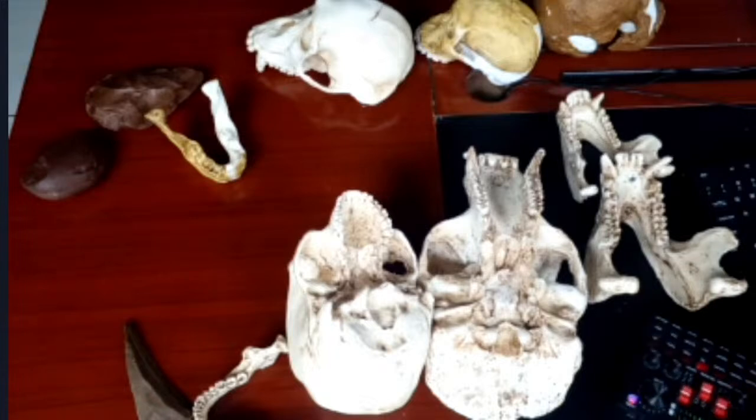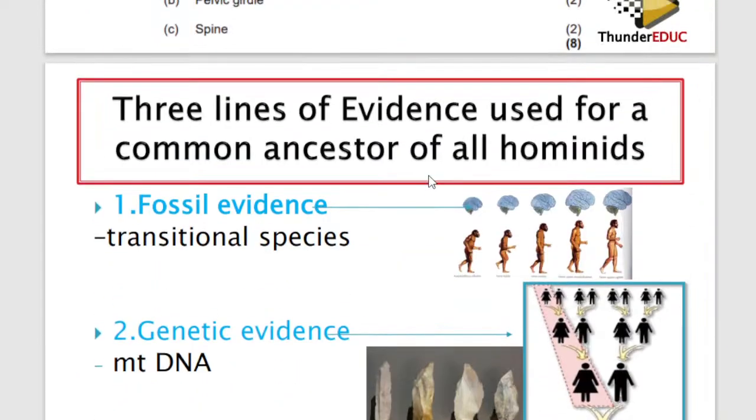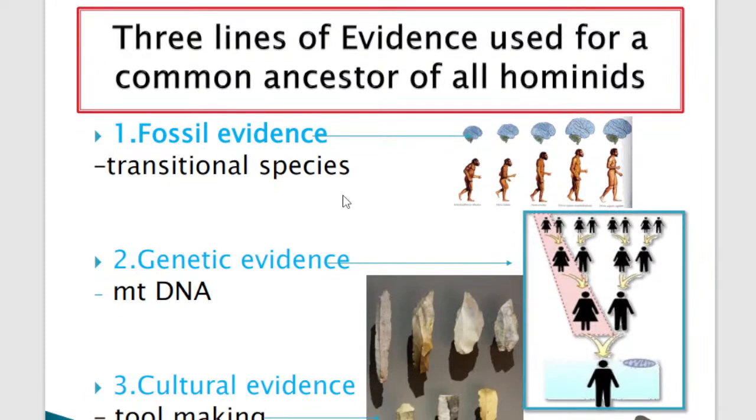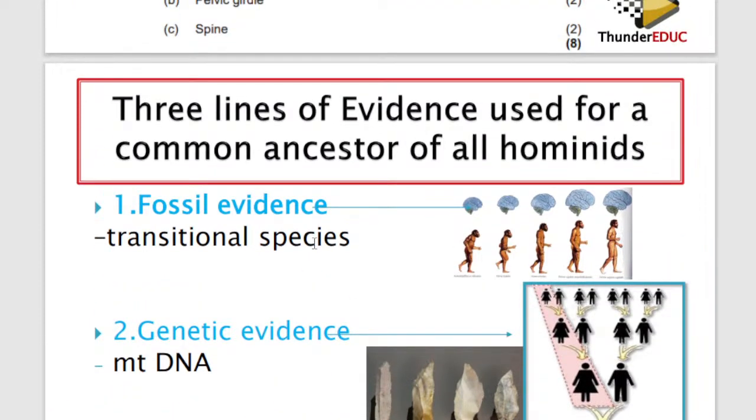Okay, let's go to the questions, and then we try to discuss the questions we talked about. If you look at this, it is an example of a transitional species. What is a transitional species? We say that a transitional species is a species which has the characteristics of the previous ancestor and of the individual which is following it.